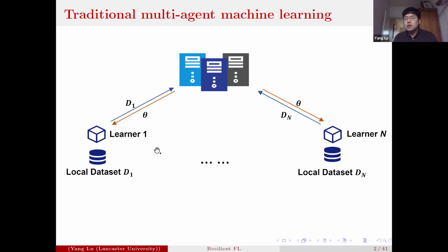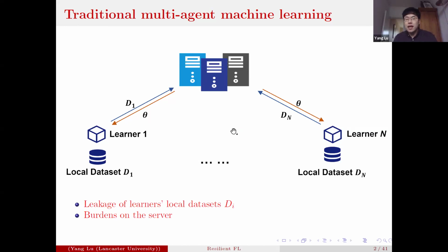Each learner will upload its data set to the central server. The server will perform whatever learning algorithm to train a model and send the model back to all the users. So in this traditional paradigm, there are two potential issues.